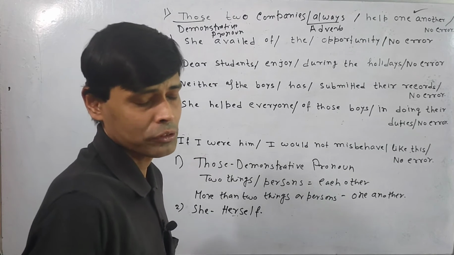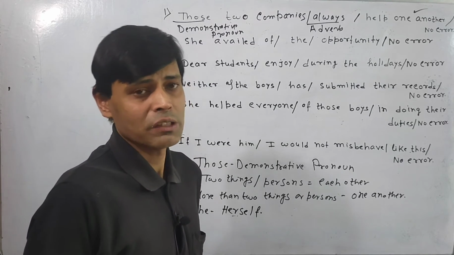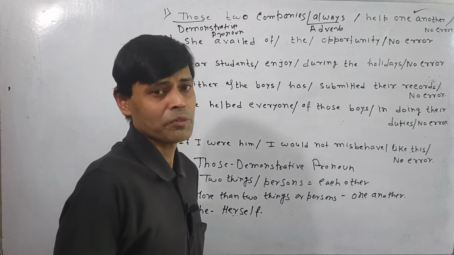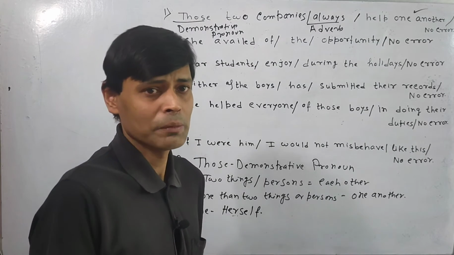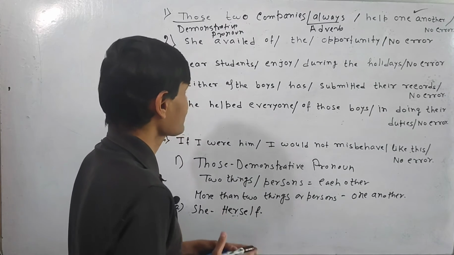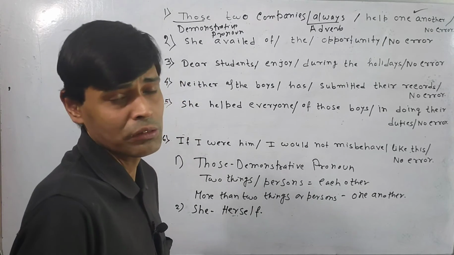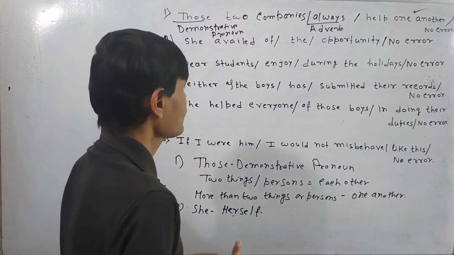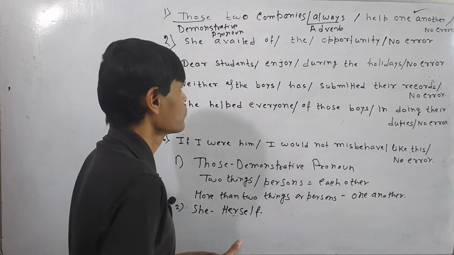Self word has two categories. Sometimes it functions as emphatic pronoun, sometimes it functions as reflexive pronoun, depending on the syntax or sentence construction. Here the sentence construction is telling you the fact that it is nothing but a reflexive pronoun.